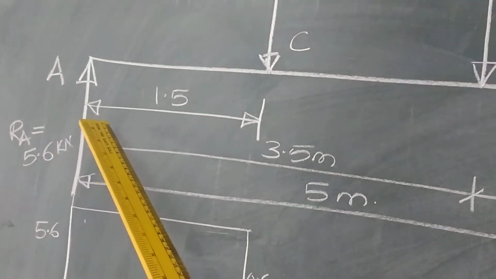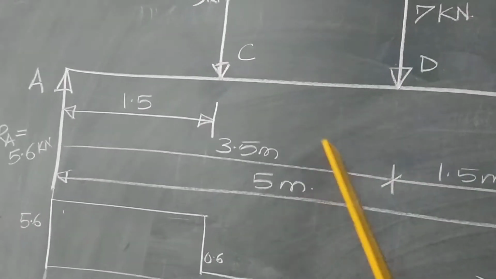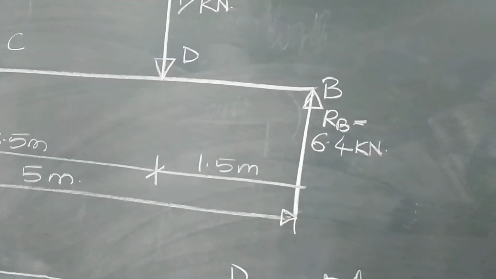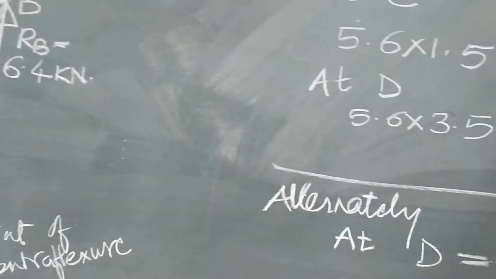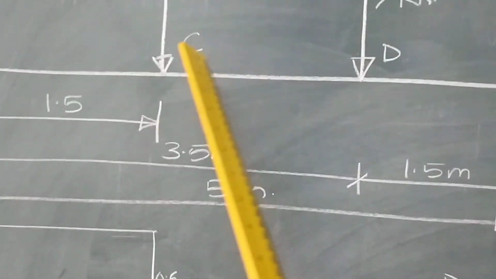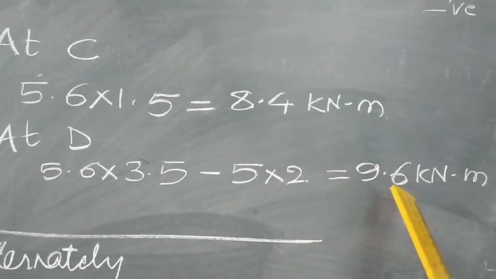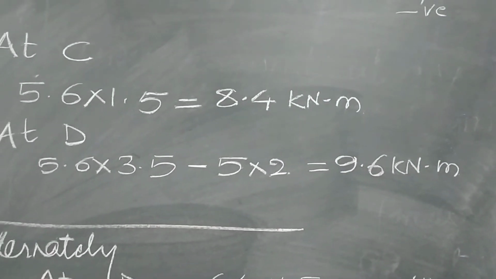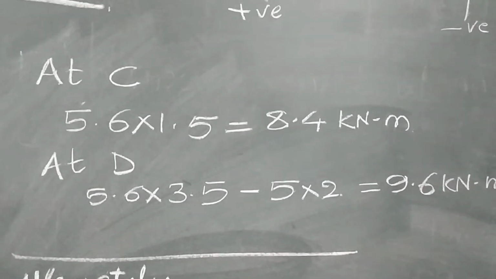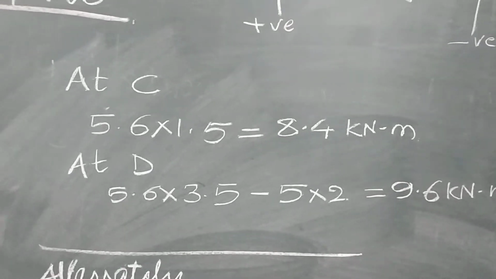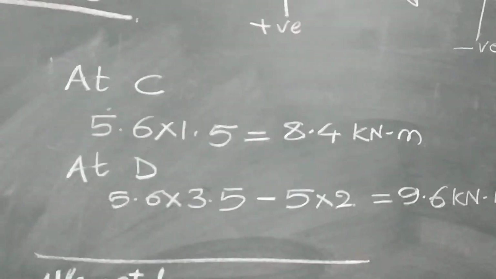So, 5.6 into 3.5, because this point D is at a distance of 3.5, minus 5 into 2, because this 5 force is at a distance of 2 from point D. Total is 9.6 kilonewton meter. This is moment, so the unit is kilonewton meter.